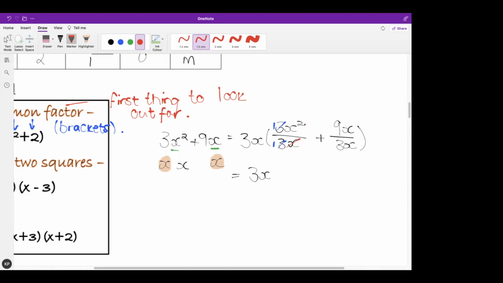So what is left for my first term over here? If I had x times x divided by 1x, that means one of these x's will cancel out with the one I am dividing by. So what's left here is just x. Plus, again, we start with the numbers. What is 9 divided by 3?